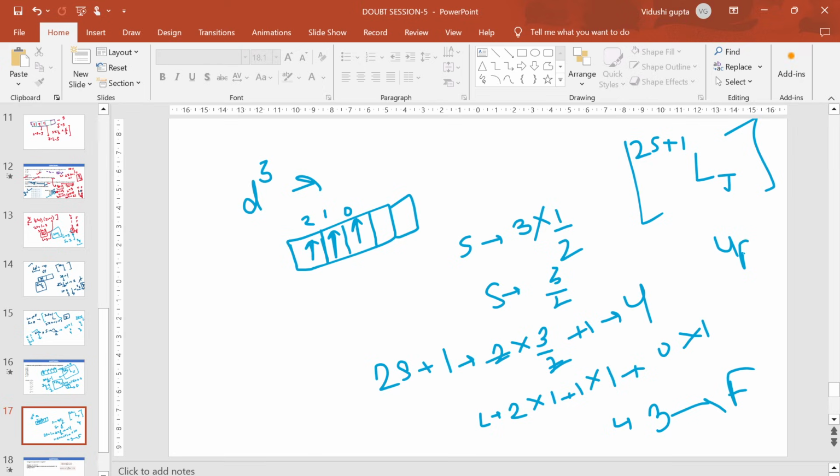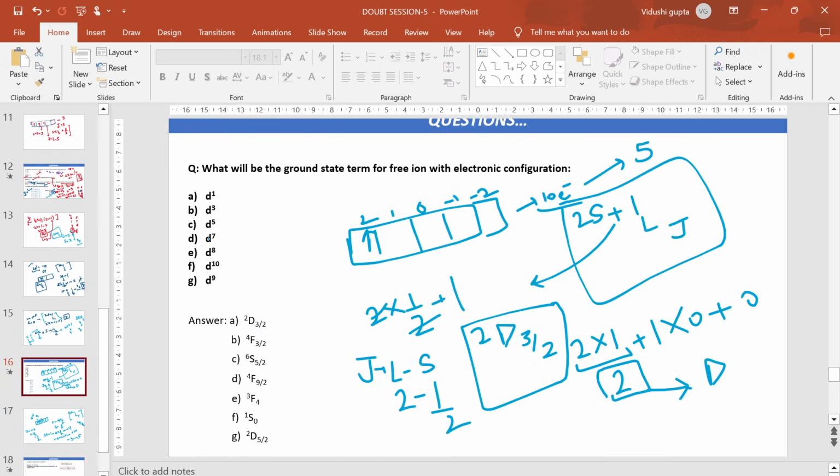It is less than half filled, so L minus S. L is 3, S is 3 by 2, so it will be 3 by 2. So 4F 3 by 2. Similarly, solve for D5.